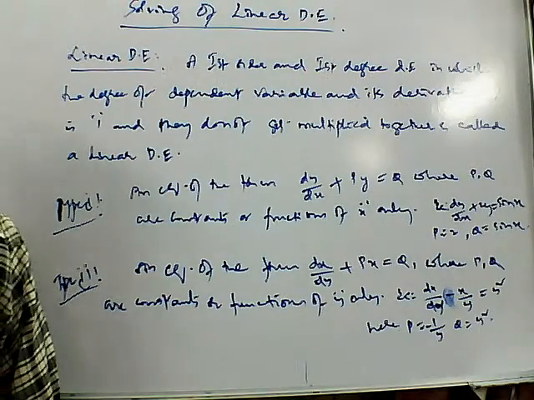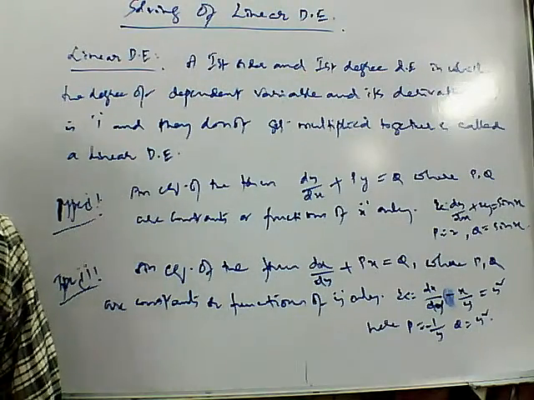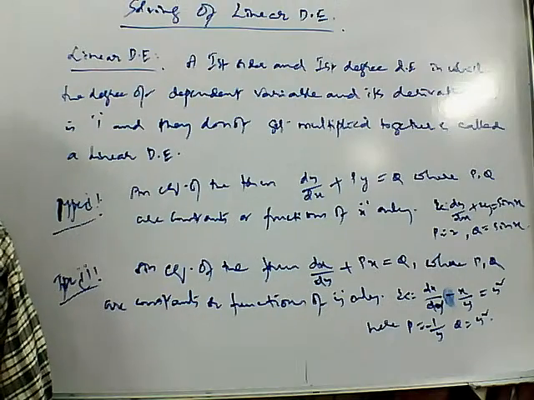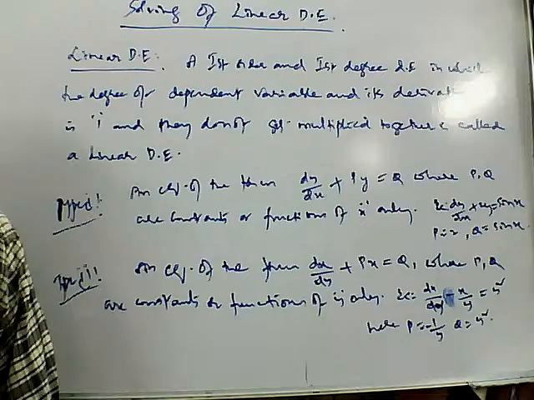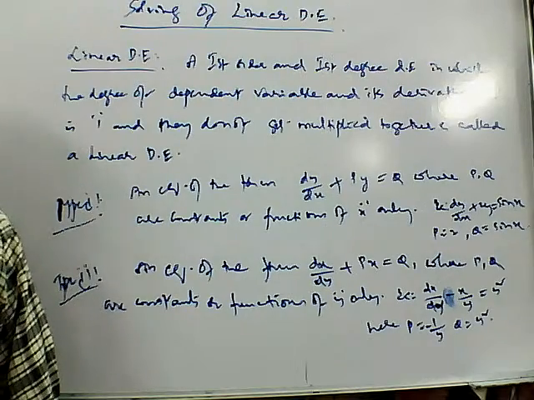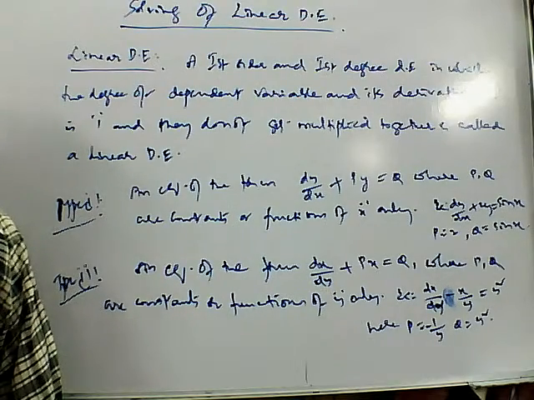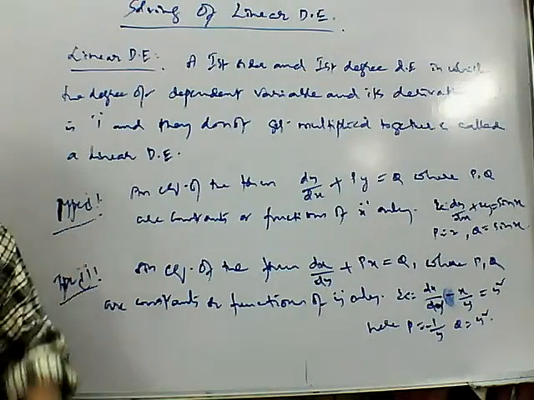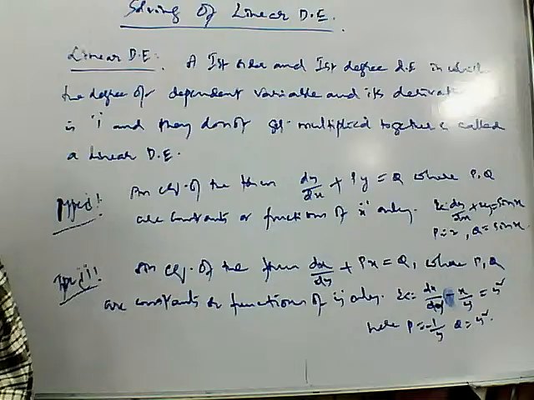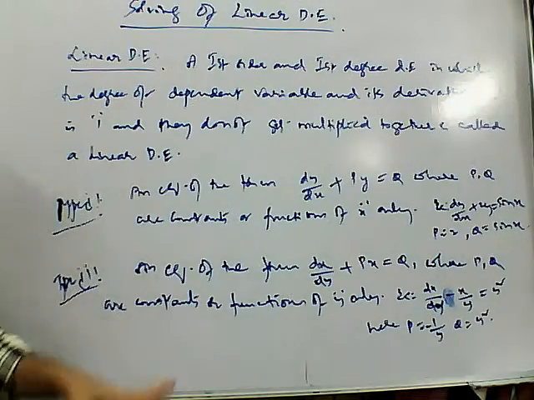Then y is equal to vx in case of dy by dx, and x is equal to vy in case of dx by dy. Likewise, in the case of linear, dy by dx plus py is equal to q, where p and q are functions of x, and dx by dy plus px is equal to q, where p and q are functions of y. But this case is again not in the syllabus. Similarly, in homogeneous, the dx by dy case is also not there. I think you are clear with this part.